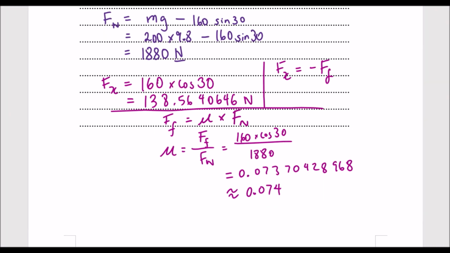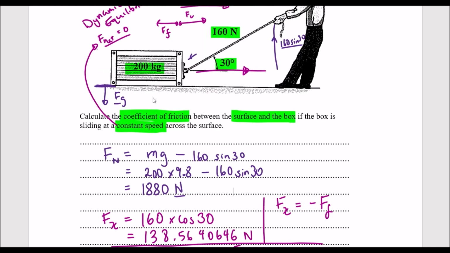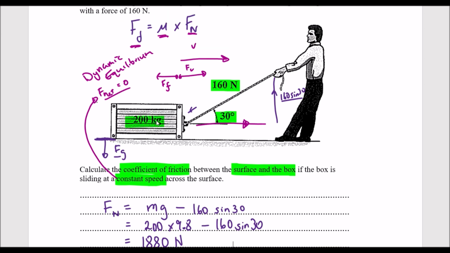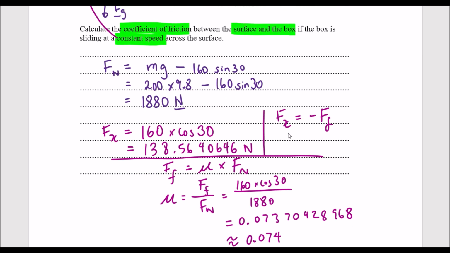Let's zoom back out a little bit. Remember, it was to calculate the coefficient of friction when a box was being slid across a surface with the ground, and a person was holding on to a rope attached to this box, sliding it across. So this is looking at friction forces and also force components.